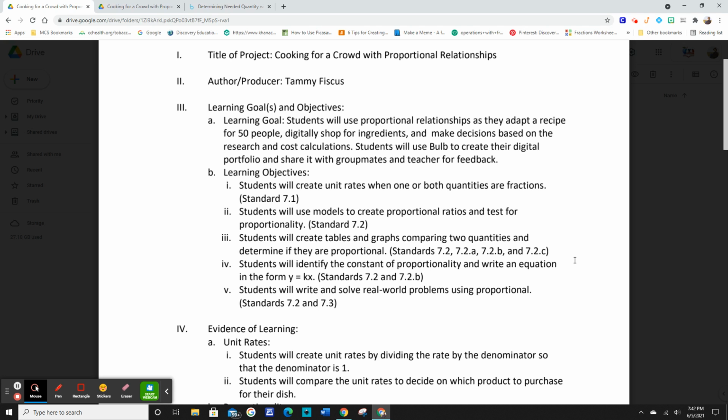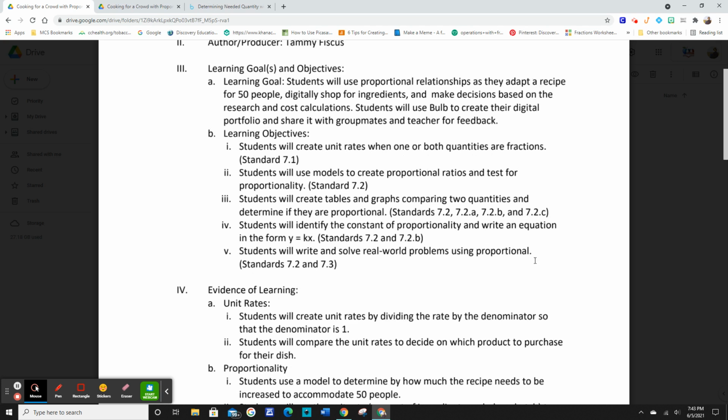Students will create tables and graphs comparing 2 quantities and determine if they are proportional. Students will identify the constant of proportionality and write an equation in the form of y equals k times x, where k is the constant of proportionality. And lastly, students will write and solve real-world problems using proportions.